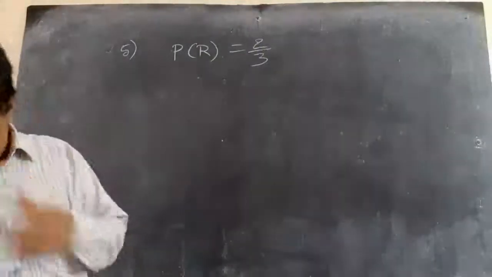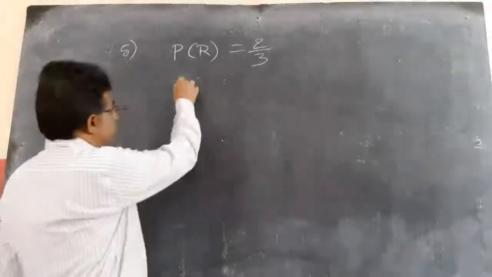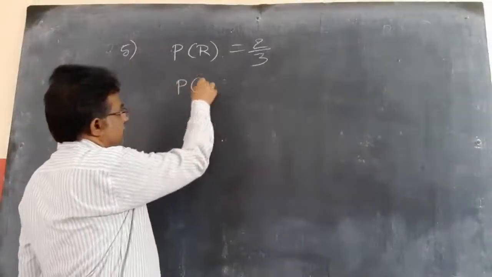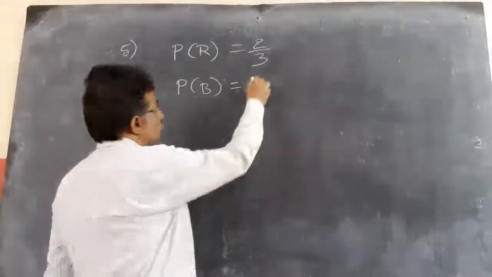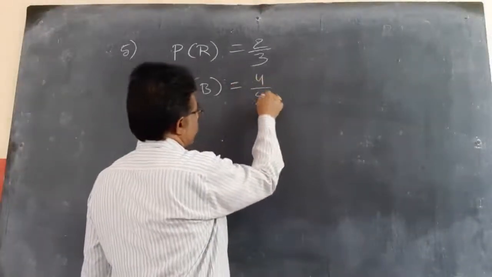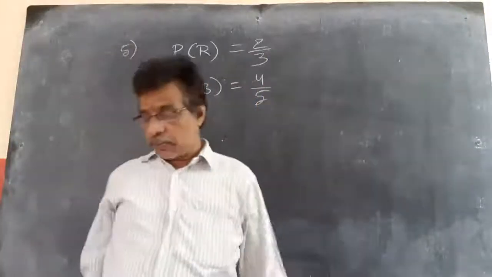And to get a building contract, I am assuming building as B, P of B equal to 4 by 5. So P of R is 2 by 3, P of B is 4 by 5.